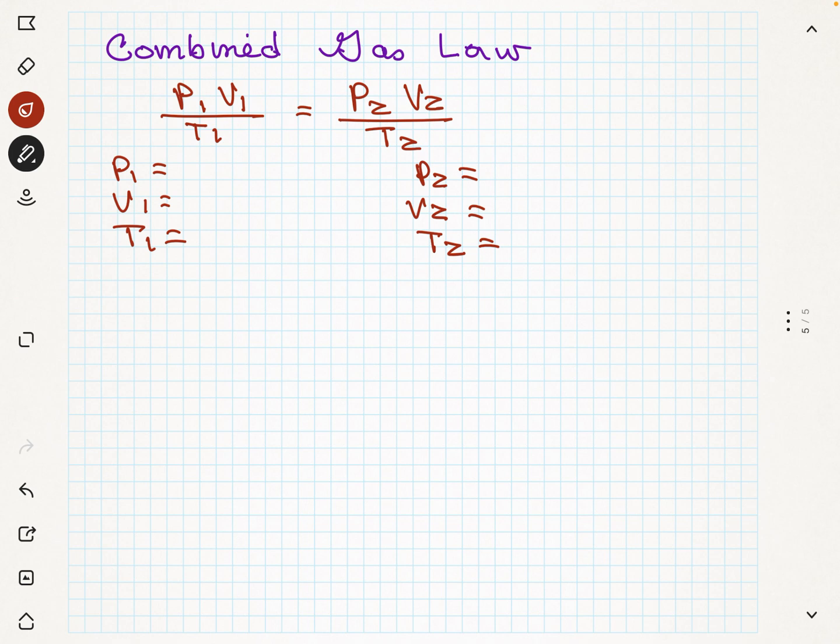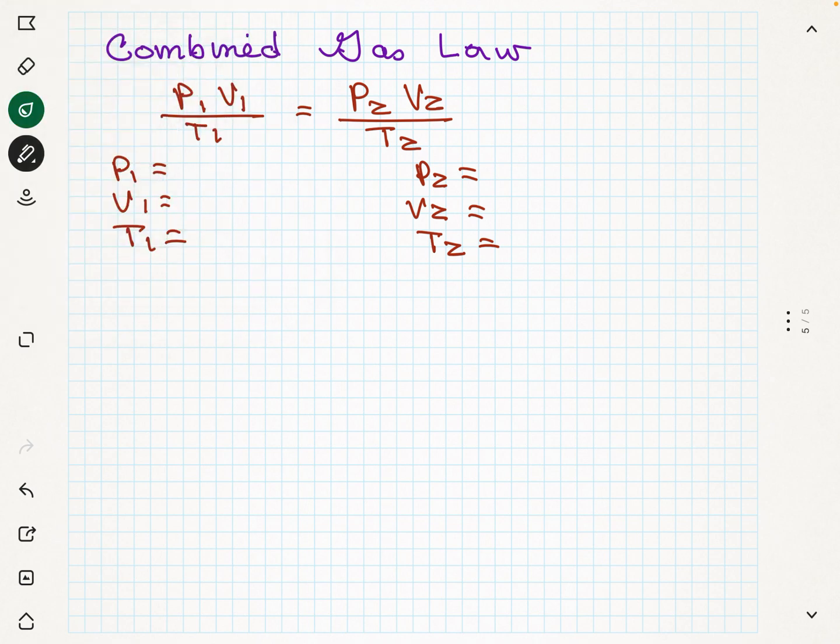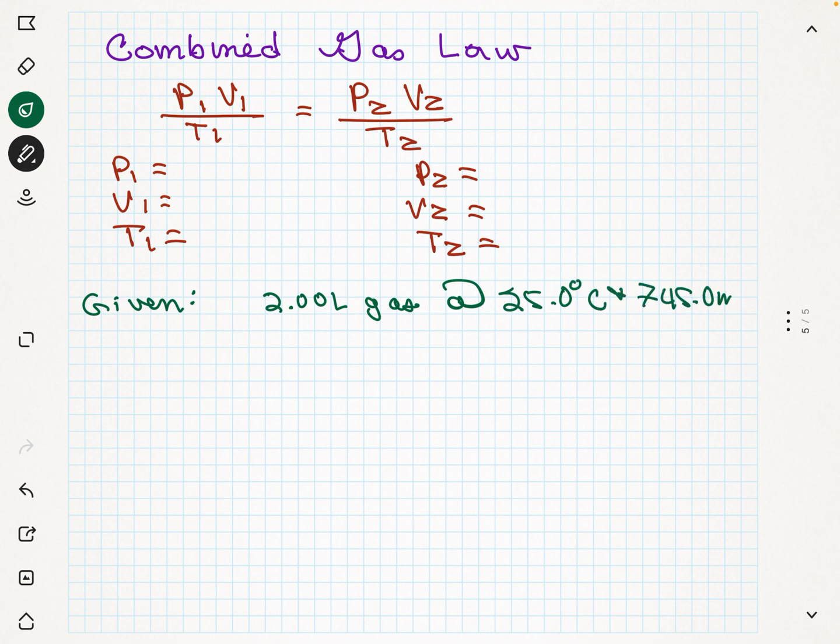So let's go ahead and I'm going to just pick one of these to do. I'm going to put it down here. We'll be given the following problem. 2 liters of gas at 25 degrees C and 745.0 millimeters of mercury are my initial conditions.